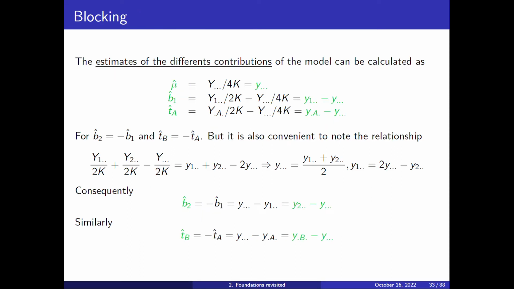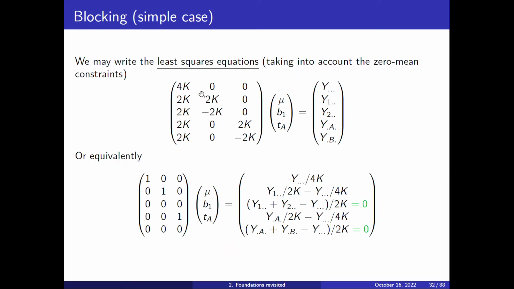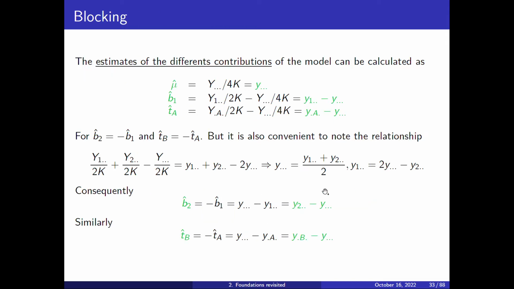Okay, so now we can estimate the different contributions of the model, and we see the estimate of mu is the overall sum divided by 4k. The estimate of B1 is this thing, but this thing is the average of group 1 minus the total average.